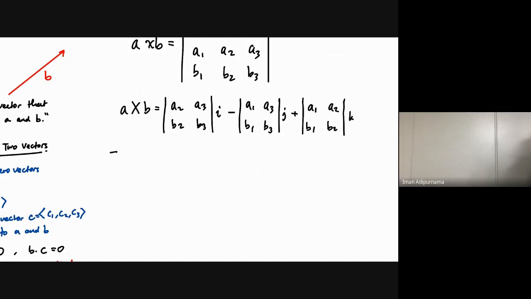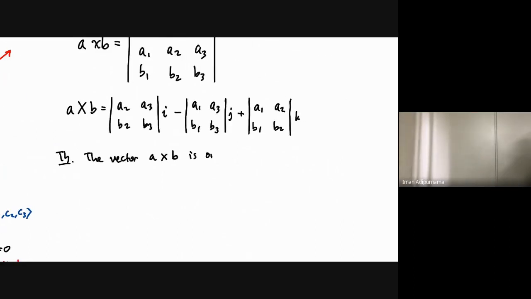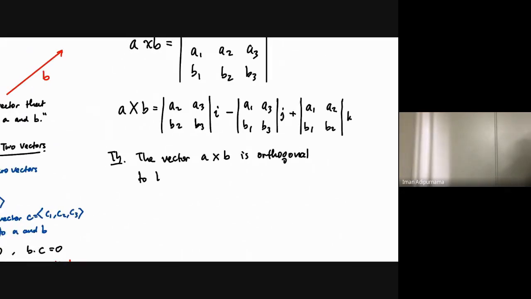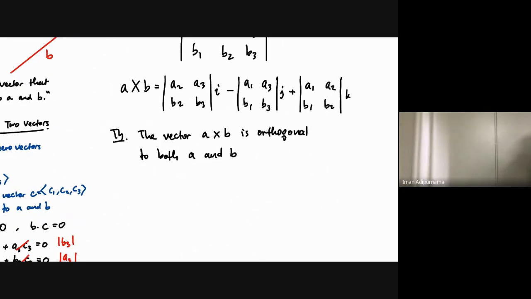And maybe to conclude the cross product, we still have some parts for the cross product, but let me just write some theorem first. So the vector A cross B is orthogonal to both A and B. So how to prove that?